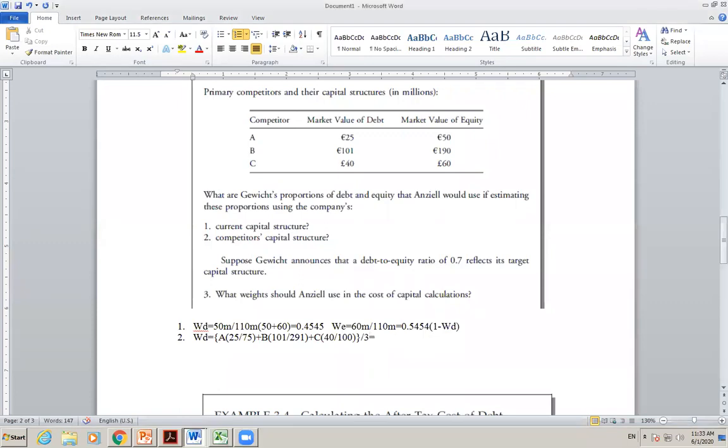And we would get here 0.36, the proportion for that. And how can we get the proportion for weighted average of equity?